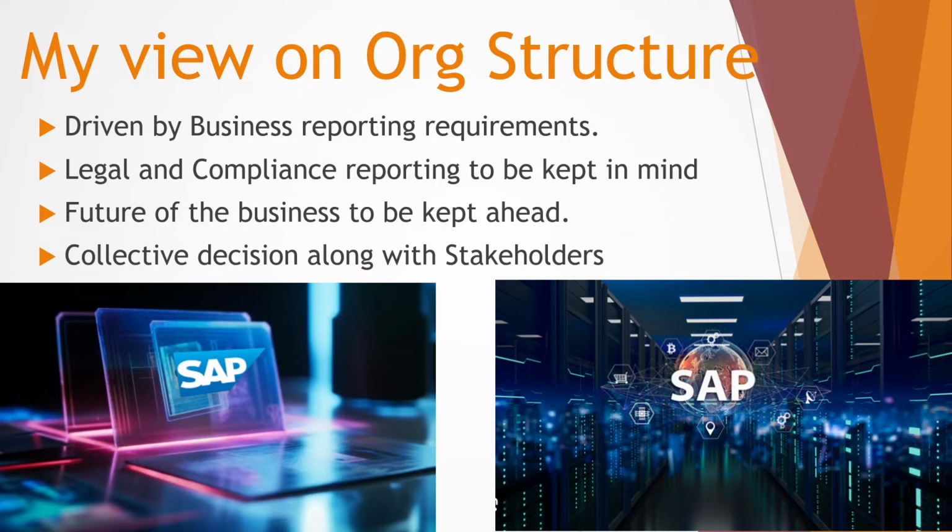It can have different kinds of reporting requirements, and that is why we decide what kind of org structure you are supposed to have. Legal and compliance reporting requirements also must be kept in mind while deciding about the org structure in the SAP system.